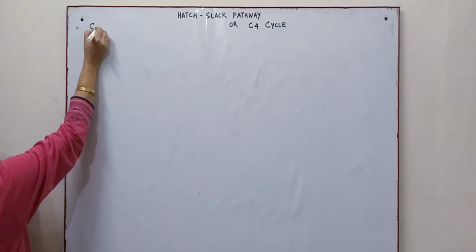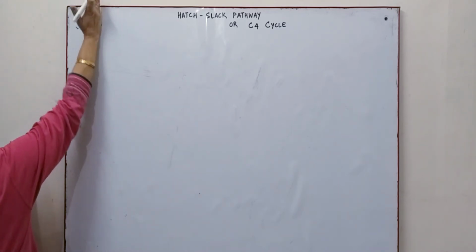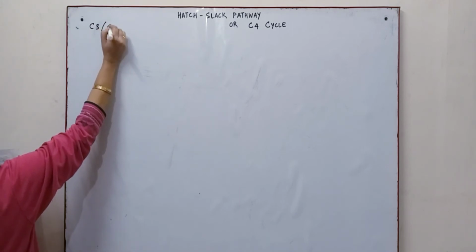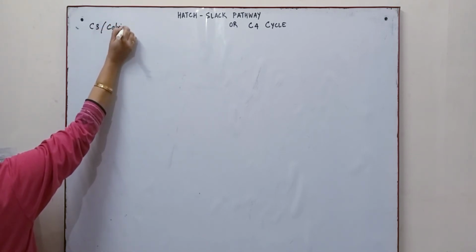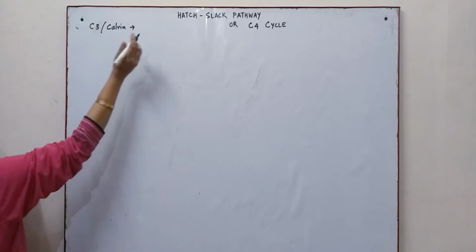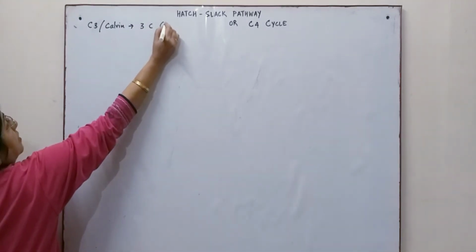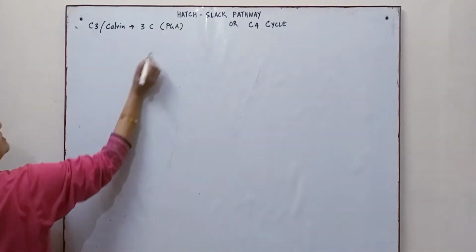When we say the C3 cycle or Calvin cycle, the first stable compound is a 3-carbon compound, phosphoglyceric acid.